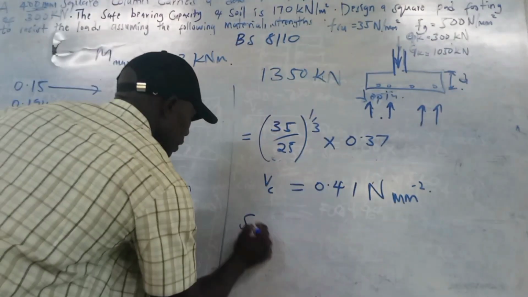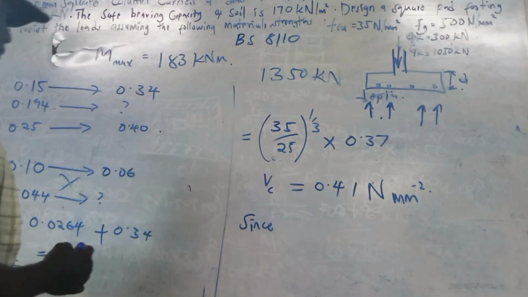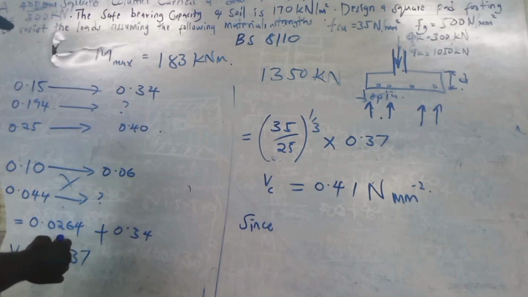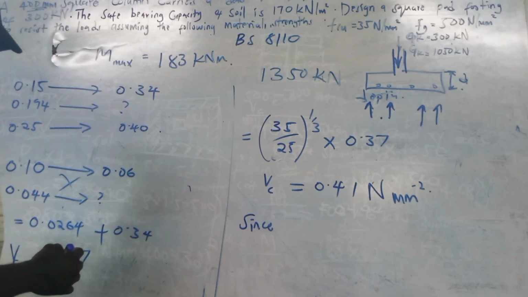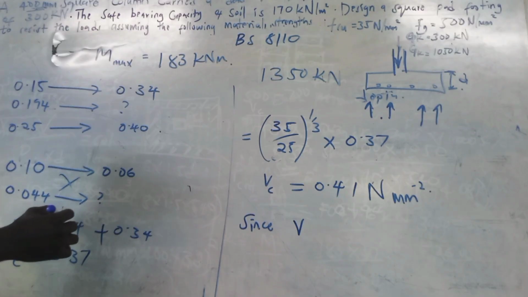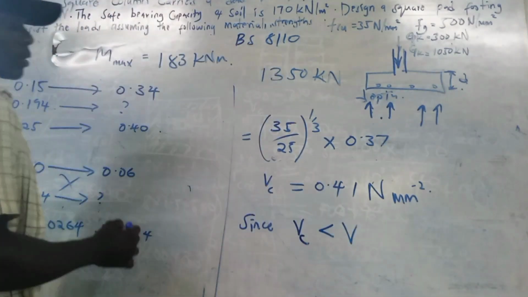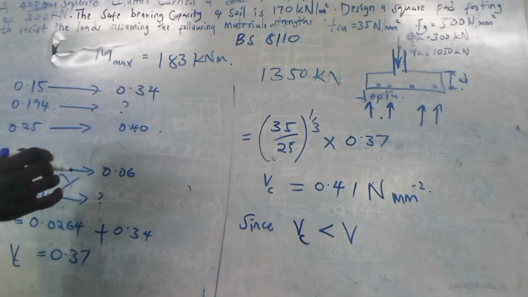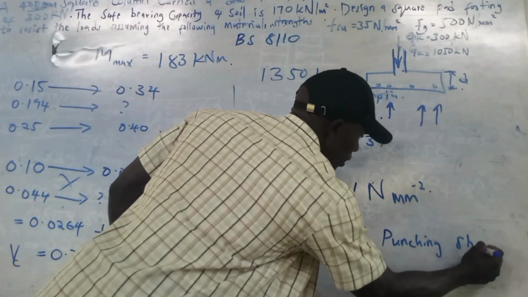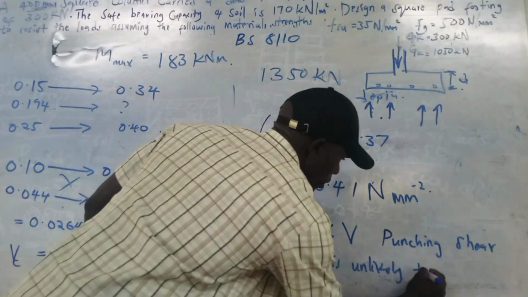You say, since the design shear stress v, okay, since the design concrete shear stress is less than v, the design shear stress, then punching shear failure is unlikely to occur.